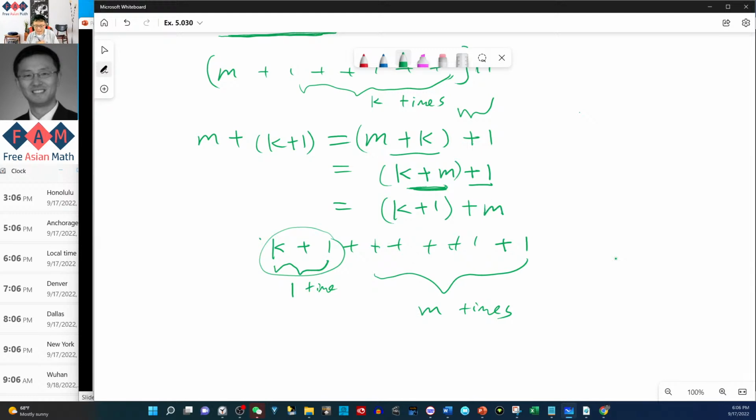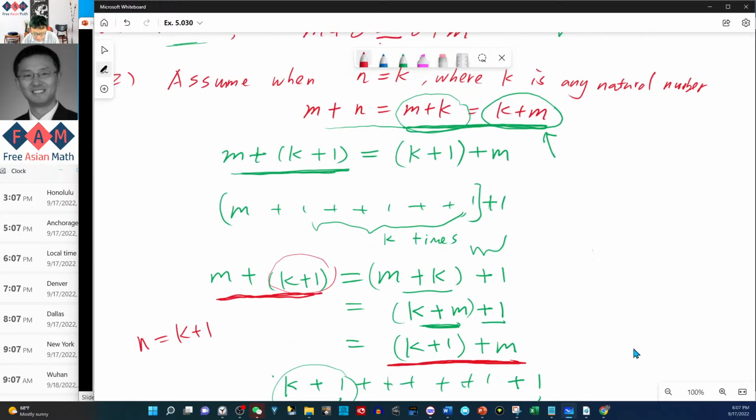Now take a look at what we have. We start with our next step, updating k to k plus 1, through a series of seemingly quite trivial manipulations, but each step is important. We arrive at this, which is exactly what we need to prove the commutative law for the step when n equals k plus 1. Look at what we did.